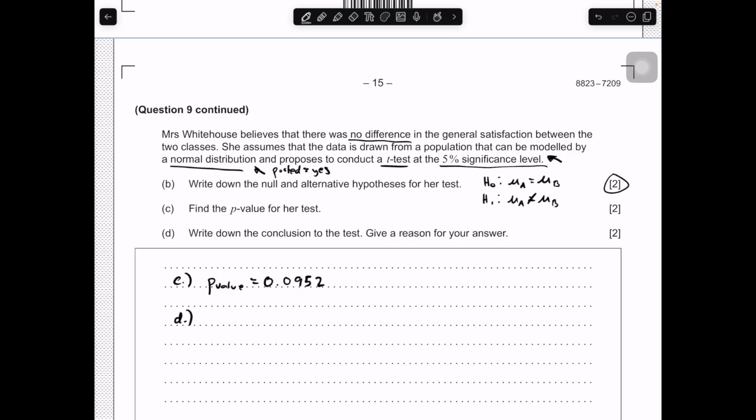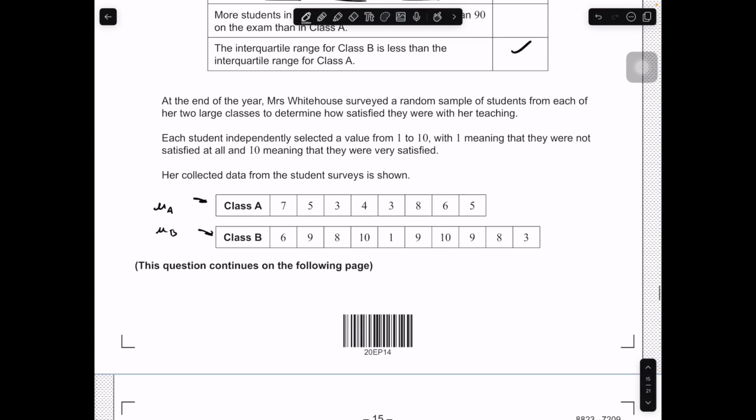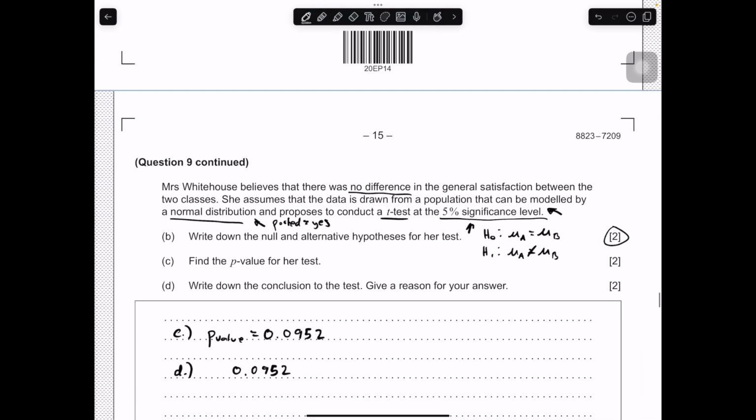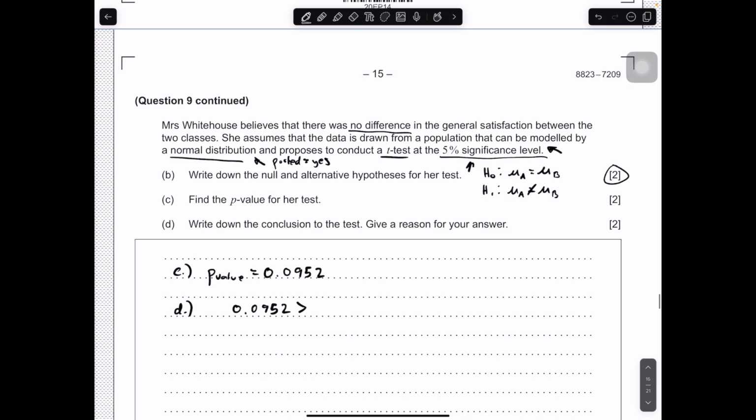Part D, write down the conclusion of the test, give a reason for your answer. So general structure for this, we write 0.0952, or our p-value, compared to our significance level. And in this case, our p-value is greater than 0.05. If you want, you can write this out as 9.52% is greater than 5%.